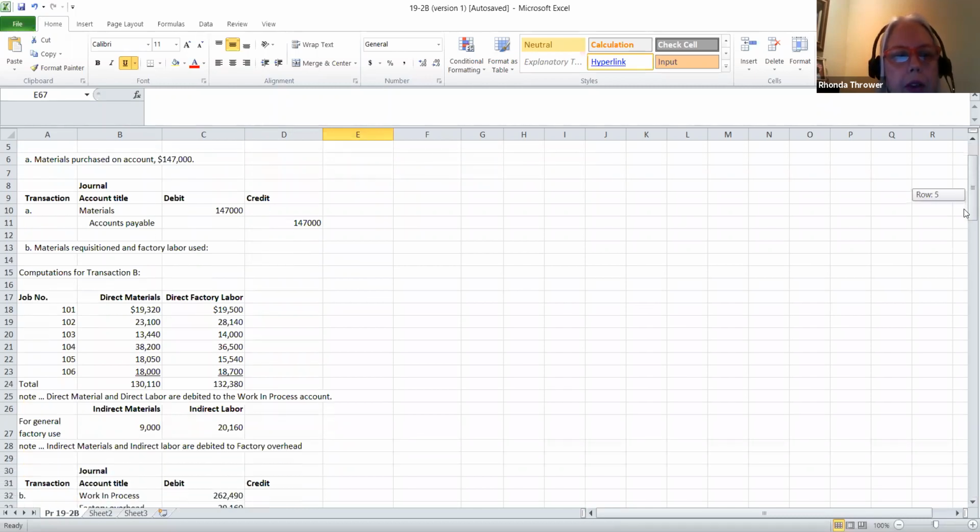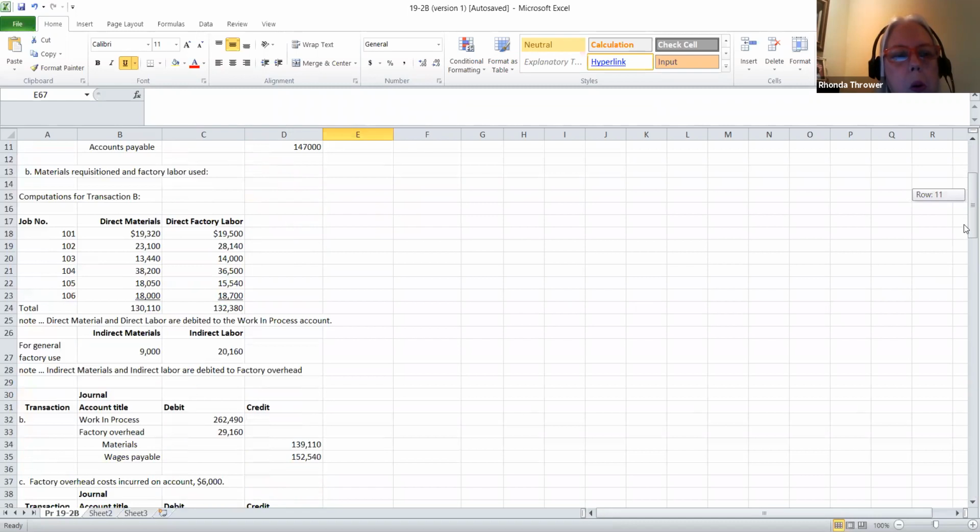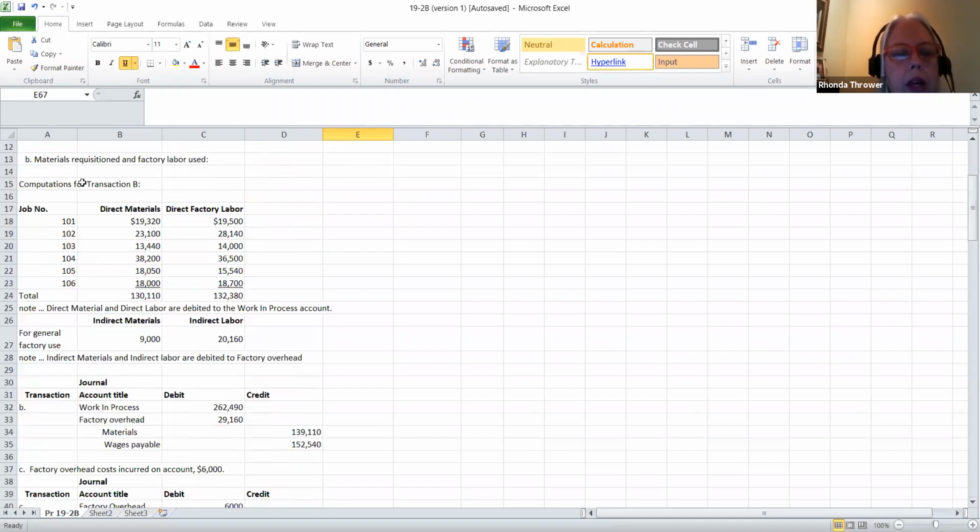In the B transaction, they are showing you the materials that were requisitioned and the factory labor that was used in the manufacture of the products.